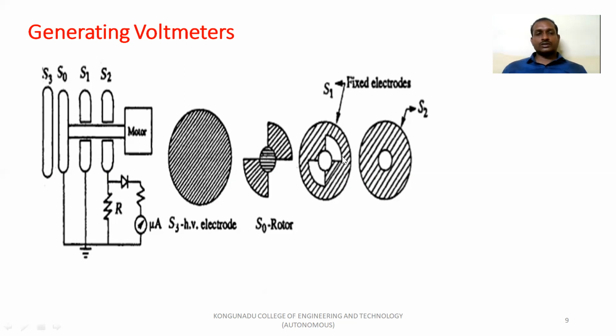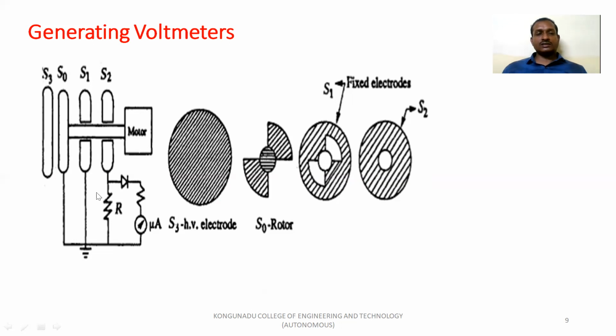S0 is the two-pole armature rotor, and S1 and S2 are the field electrodes. A constant speed synchronous motor is used to drive the rotor S0. With the movement of the motor, an AC EMF is induced due to the variable capacitance, and this capacitance effect causes a current.